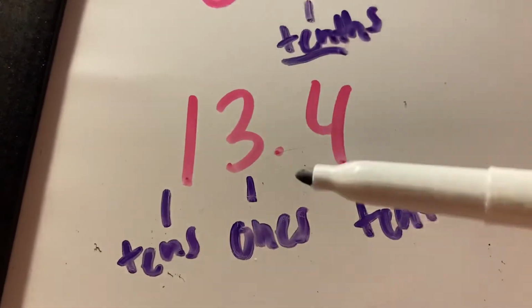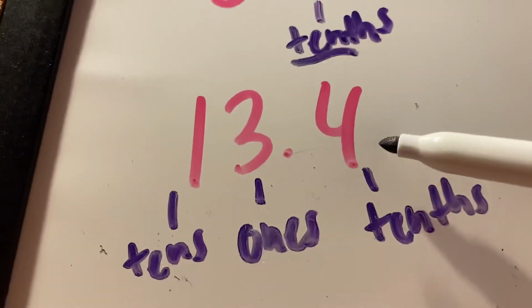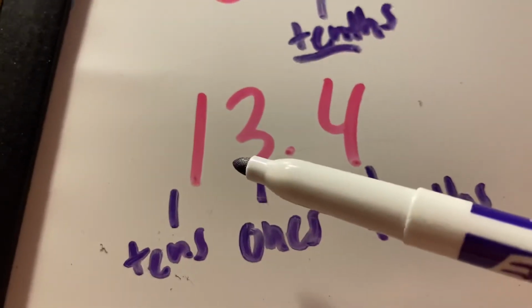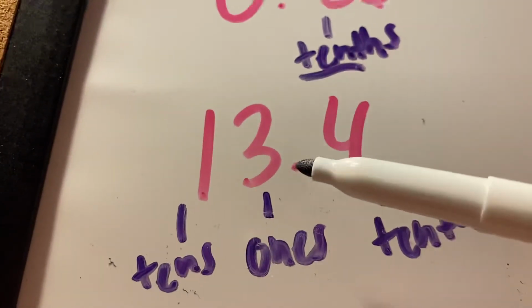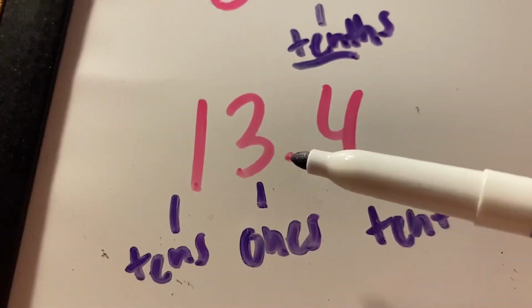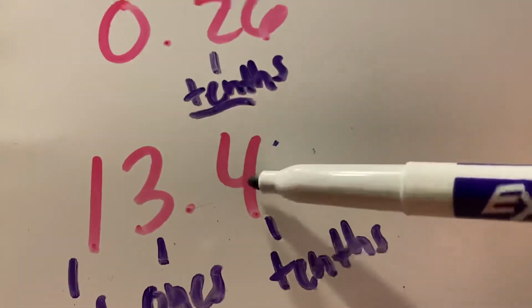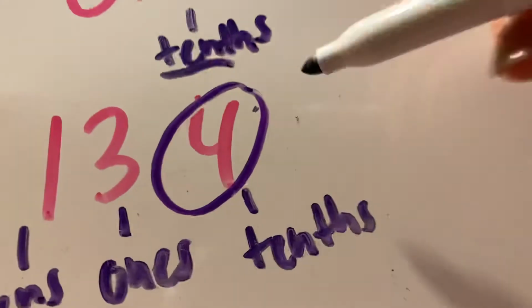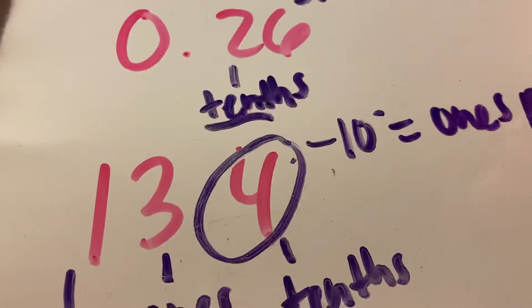So if we had 0.4, if we added 0.6 to this, we would get a 1. If we add another 0.4 and then another 0.6, we would get 2. So 10 of these equal the ones place.